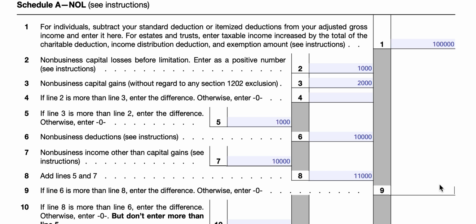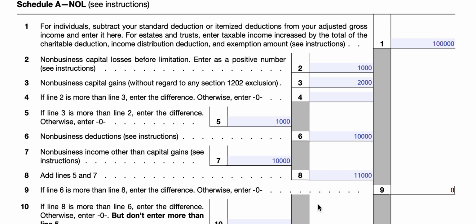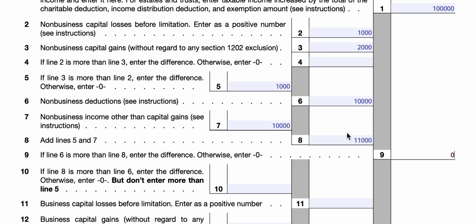In this situation, it's 0, because line 8 actually is greater than line 6. So we would enter the difference and then double check with line 5 to make sure that it doesn't exceed that, right? So if this was 12,000 and we were inclined to enter 2,000, we would have to double check and make sure that it doesn't exceed the number in line 5. And it does, so we'd have to bump that back down.